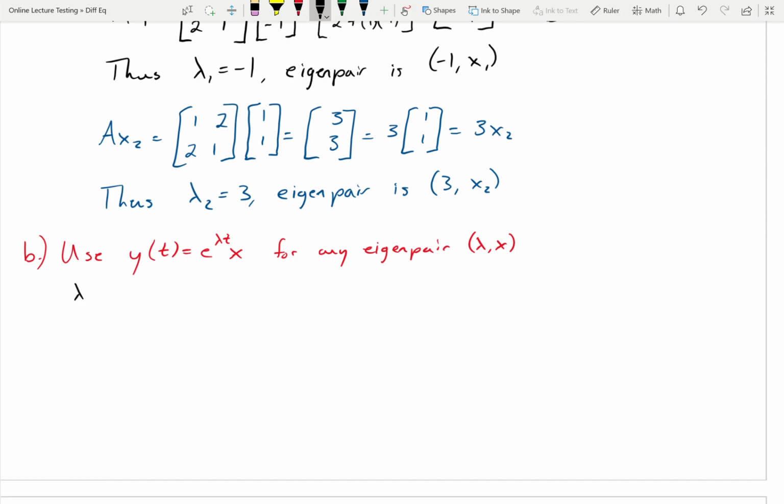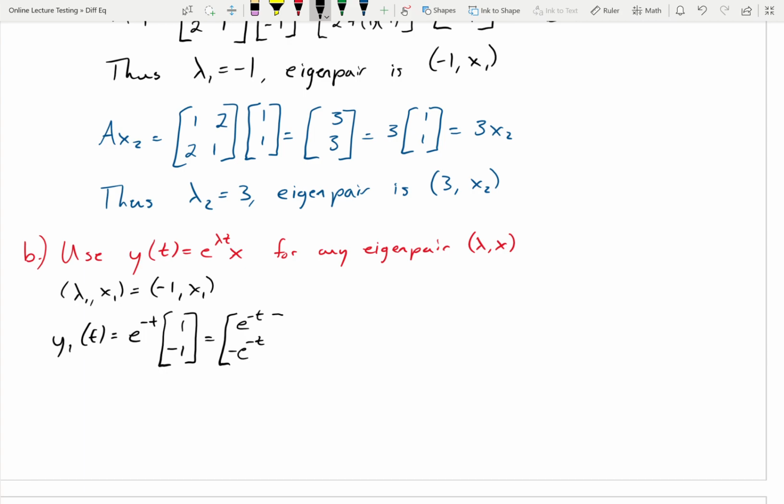So for our first one, we have -1, x1. So y1 of t is equal to e to the negative t times 1, negative 1. So y1 is equal to the vector function e to the negative t, negative e to the negative t.